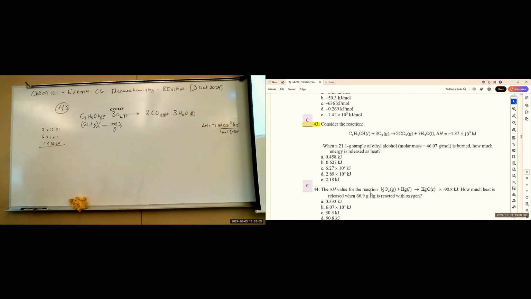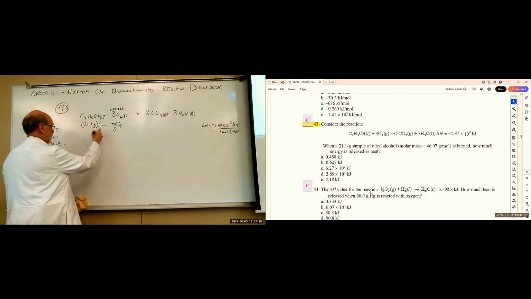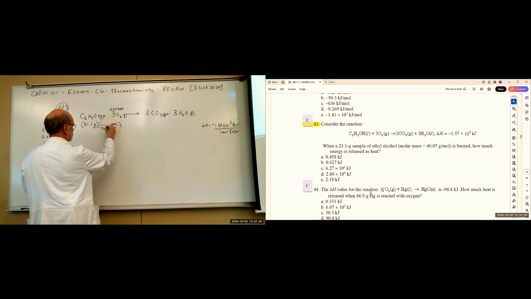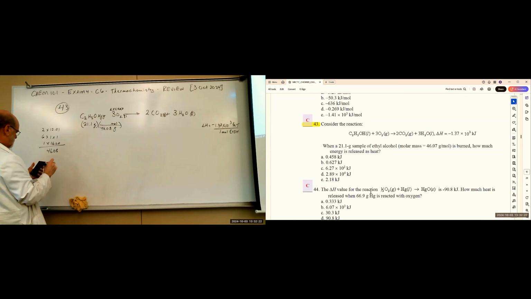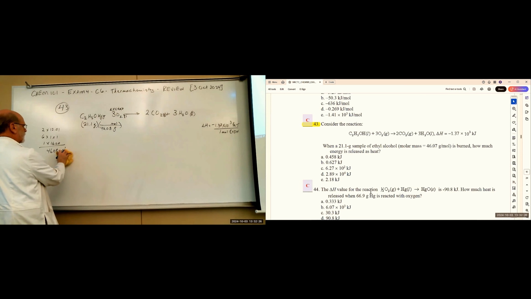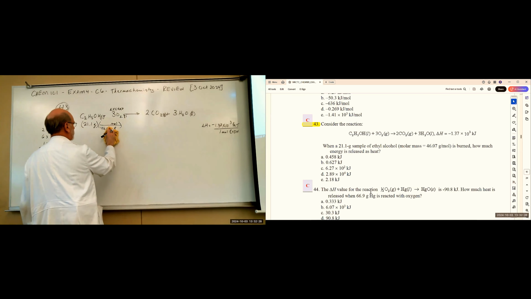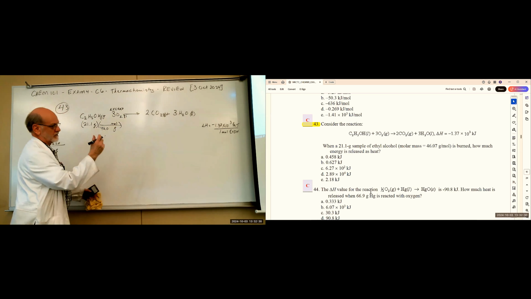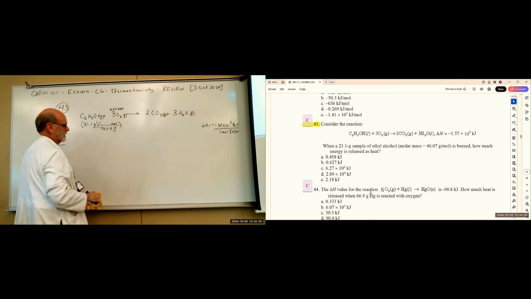So we had to find out the molar mass of ethanol. 12.01 times 6.06, 16, 46.08 grams per mole. Oh, it gives us the value? Okay, I guess we better use that one. Otherwise, it'll be a little off from the available answers. That's okay.